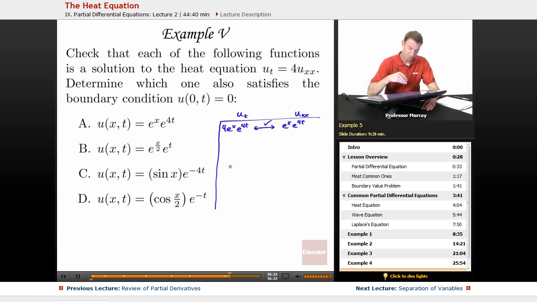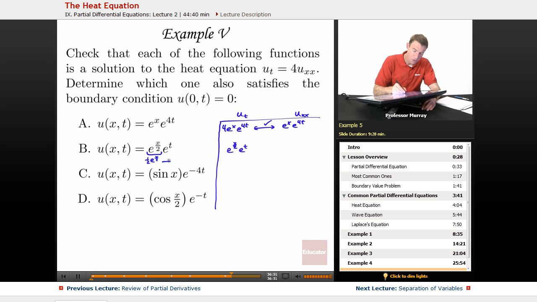In our second function here, we've got e to the x over 2 on the left and e to the t on the right. So u sub t is just the derivative of e to the t, because e to the x over 2 is a constant. The derivative of e to the t is just itself, so nothing really happened there. U sub xx, well, if you take one derivative here, we get 1/2 e to the x over 2.